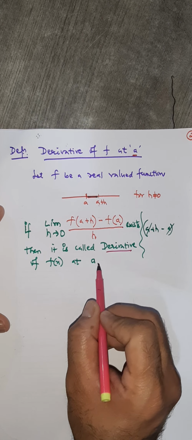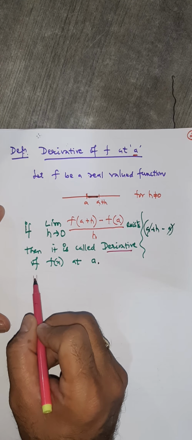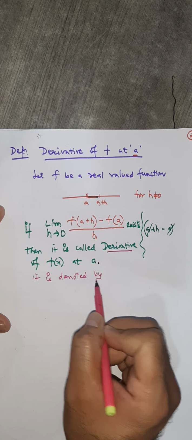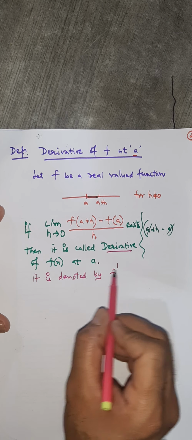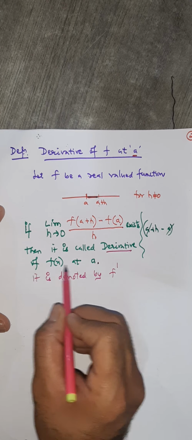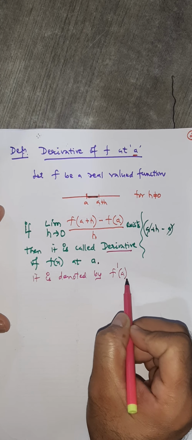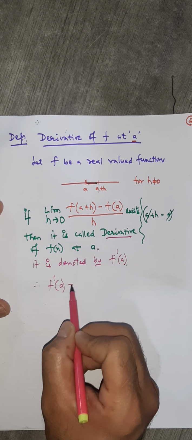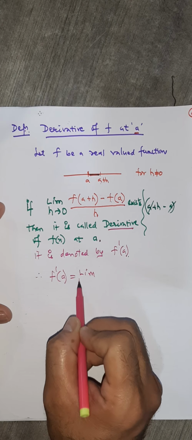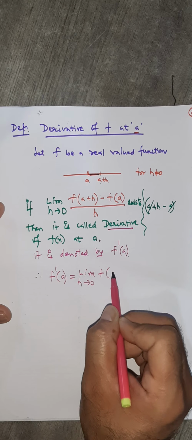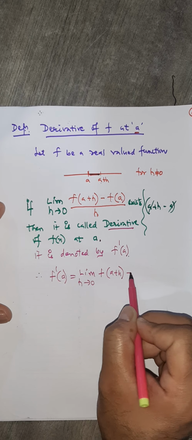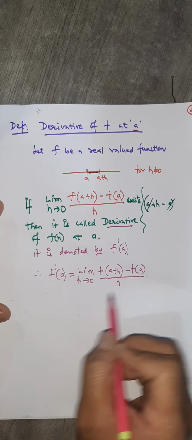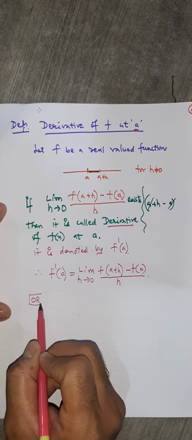It is denoted by f dash at a. Dash stands for derivative. So you can write f dash a equals the limit as h tends to 0 of f of a plus h minus f of a, upon h. That's one.